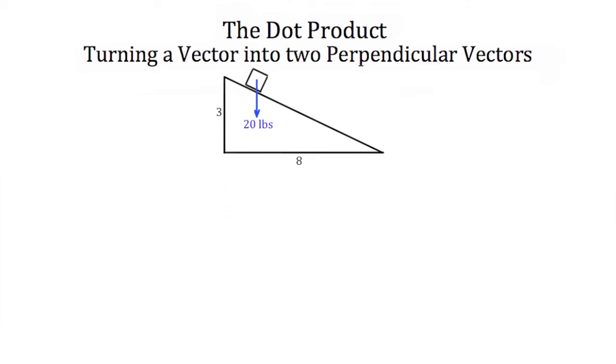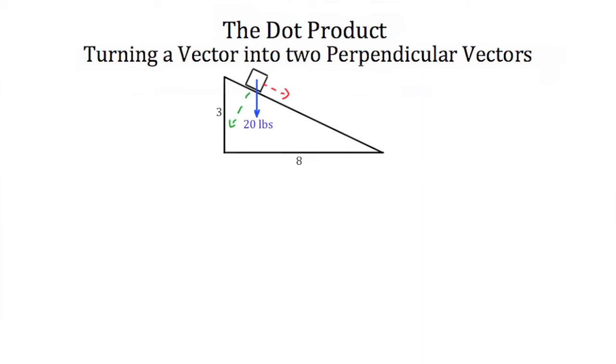I want to know how much of this 20-pound force is pulling this block down this plane, and then how much of this 20-pound force is pulling this block against the plane.